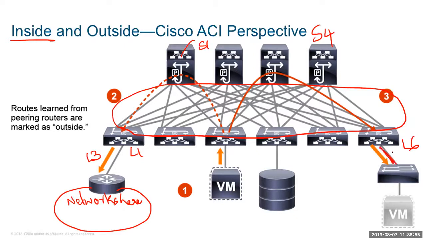That would be a layer 2. Anything hanging off here. Any IP networks which don't reside in your ACI Fabric would be considered outside. That means anything outside the ACI APIC's direct knowledge is termed as outside, or anything it doesn't control is considered as outside.